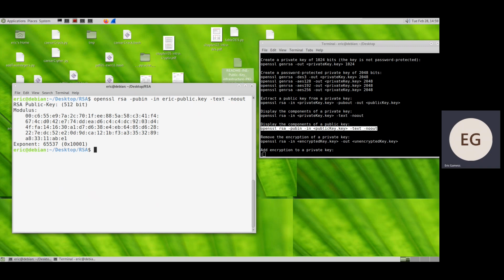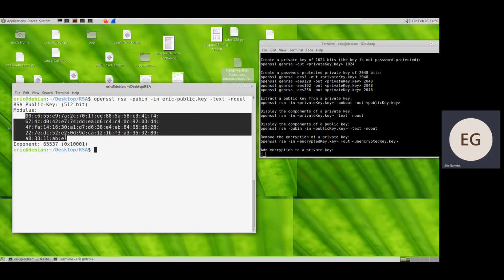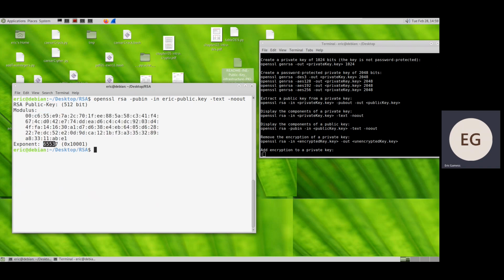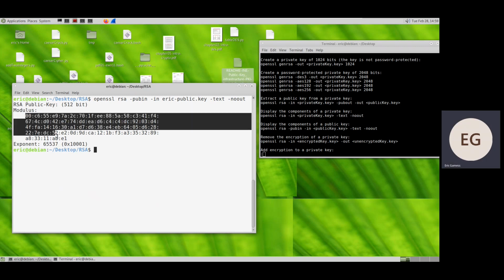So look at the result. You remember when I generated my public key, I said I want a public key of 512 bits. This is n, the modulus. And this is e, the public exponent. So e is 65,537. So this means that there is an integer, and this integer is the product of two prime numbers that are big.